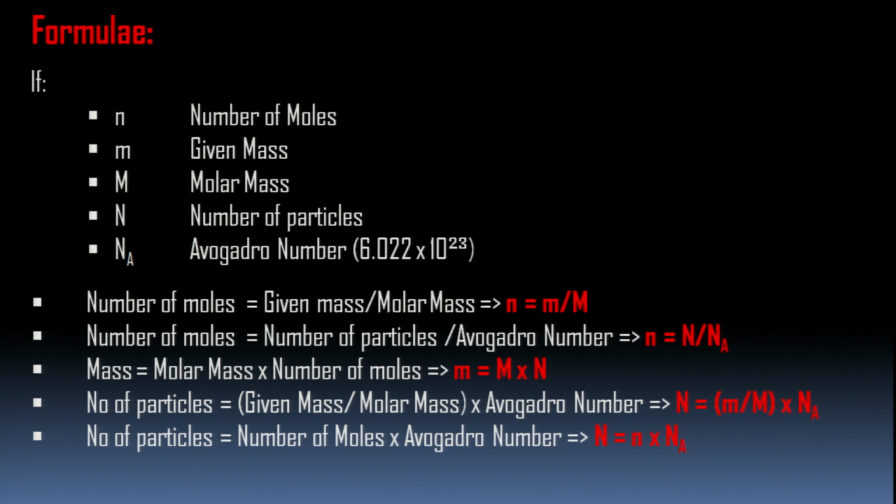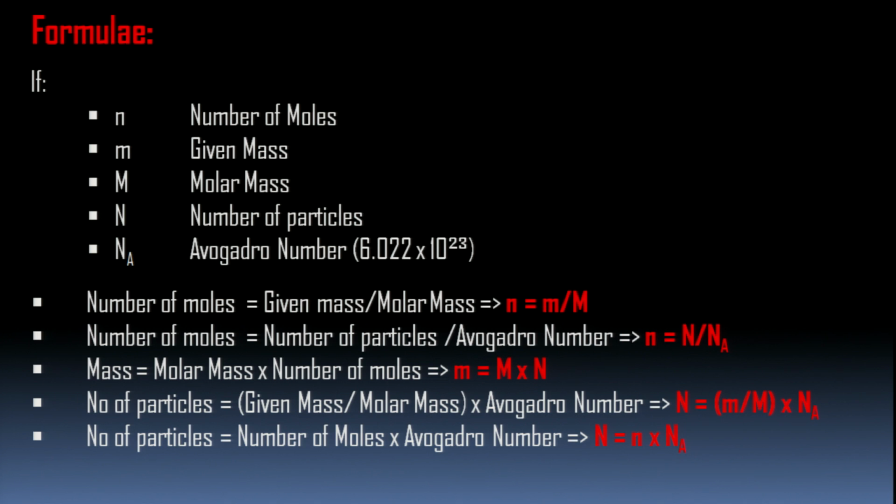Suppose you are supposed to find out the mass. Mass is equal to molar mass into number of moles, that is small m is equal to capital M into small n. If you are supposed to find out the number of particles, how would you find out? You will have to find out first the given mass per molar mass.